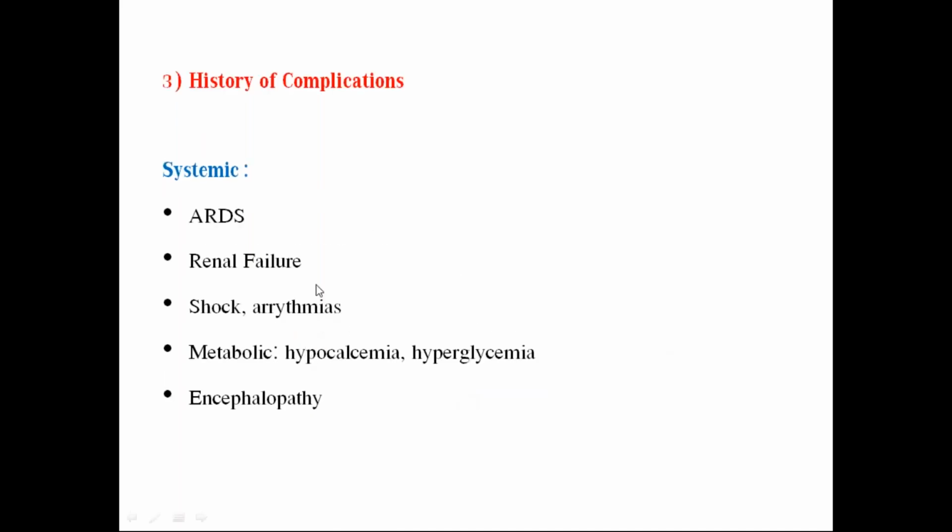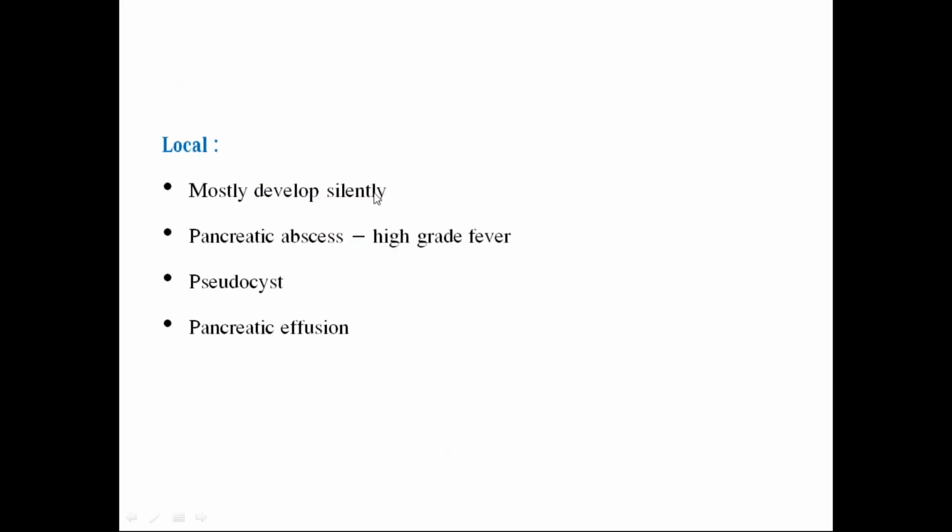Depending upon the various organs involved, the kidneys may get involved leading to renal failure, and later in the course of the disease it could involve multiple organs. Local complications: pancreatic abscess, where there is secondary infection of the necrotizing material, presents as a high-grade fever which is not responding to medication.